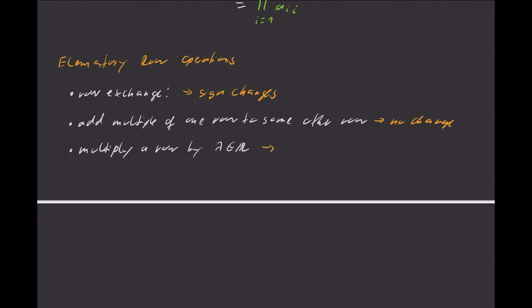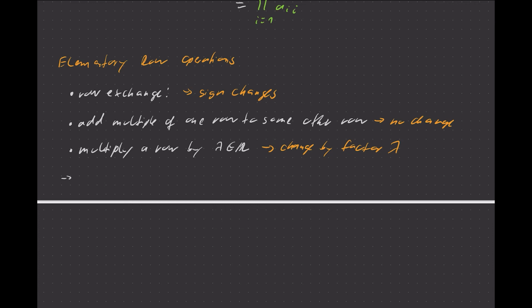And if we do this, the determinant also changes by that factor lambda. So that's probably the most complicated one. So I try to avoid that last operation, but the first two will usually get you where you want to be.